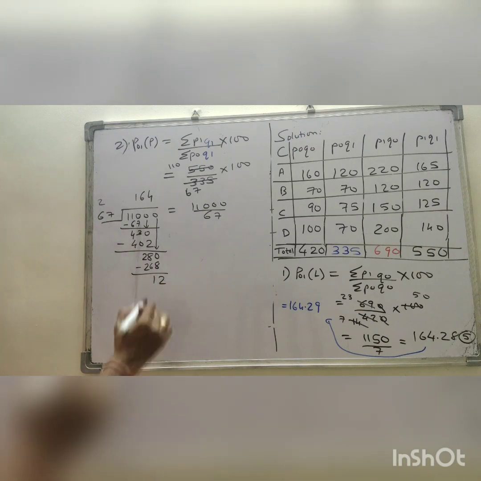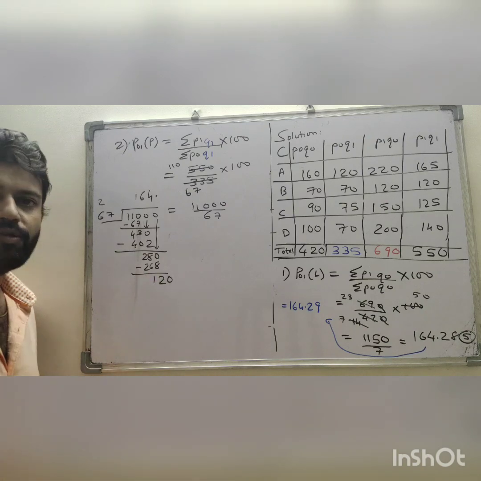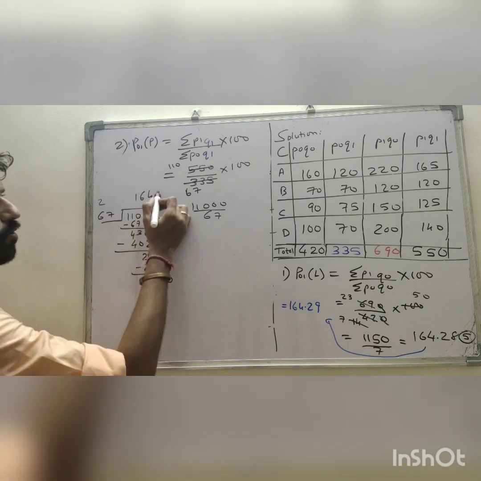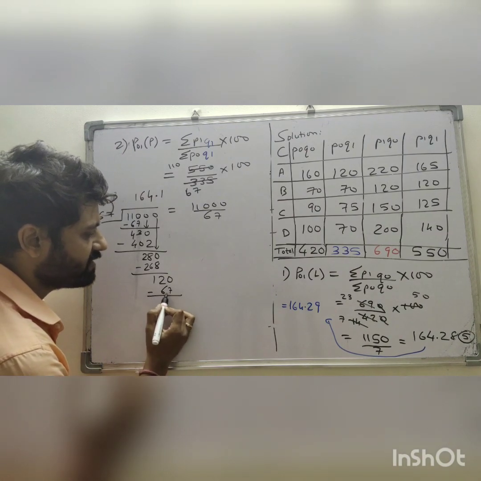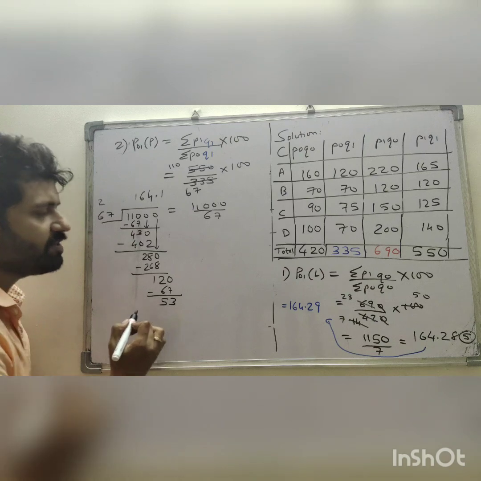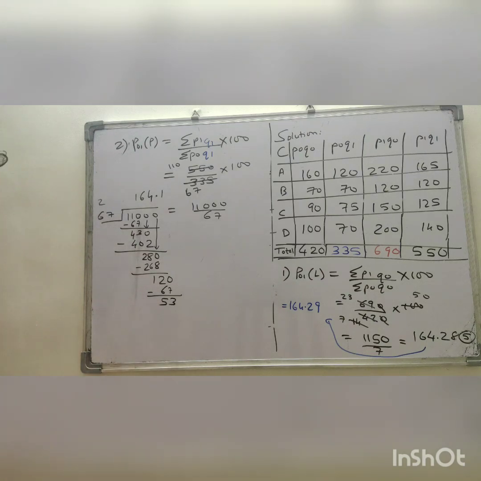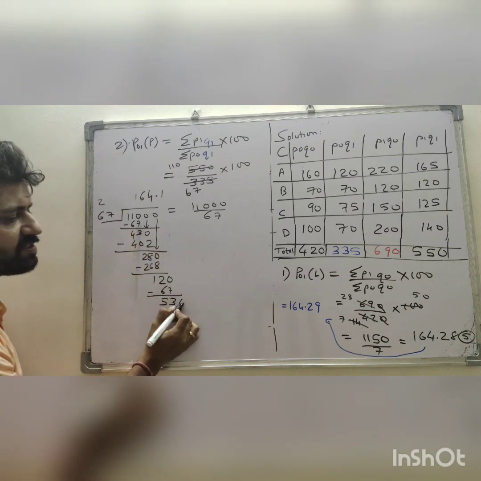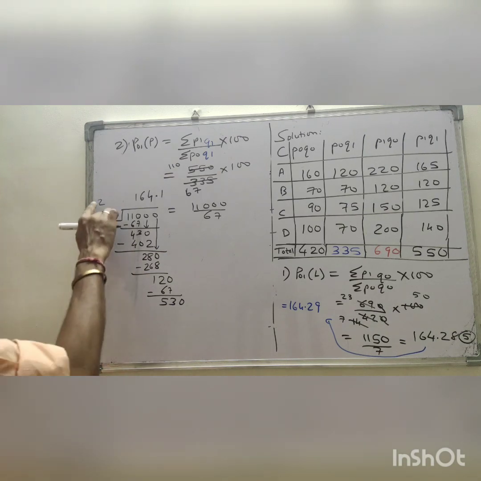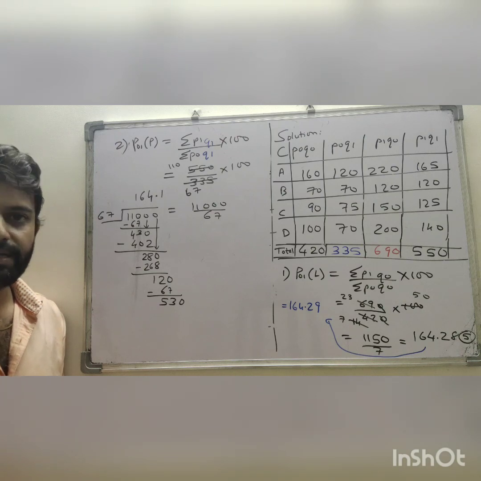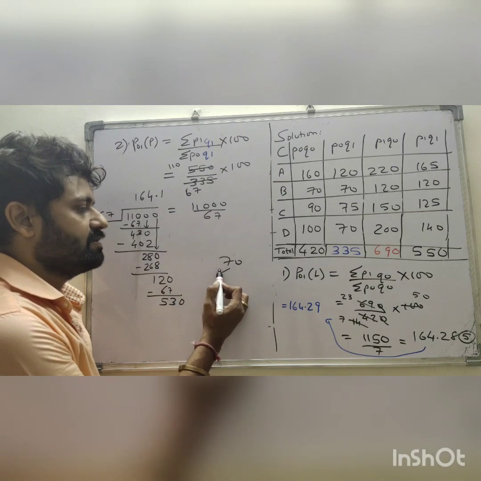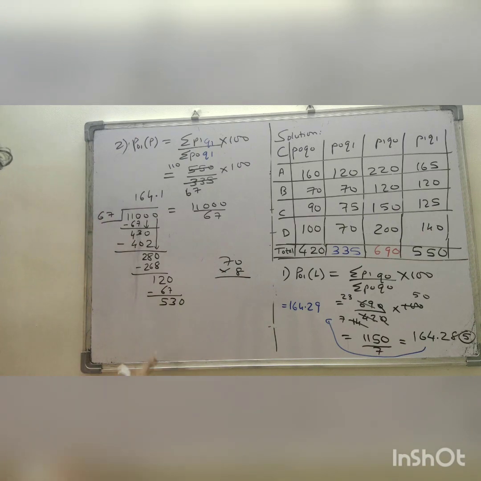12 is the remainder. After putting a decimal, we can use one more 0. Of course, 1 will go, but 67 twos will not work. After subtraction, we get 53 as the remainder. Since we have a decimal, let's use one more 0. This is near to the number 70. 7 sevens are 490. 7 eights are 56, 560 would be bigger.